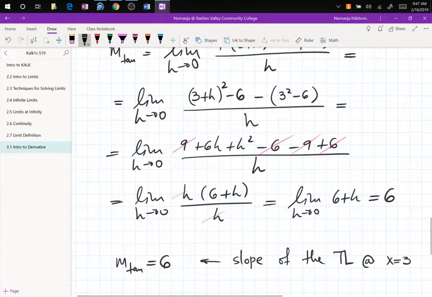And now what we are going to do is the same problem, but at a different location. Not x equals 3, x equals 9 it is.